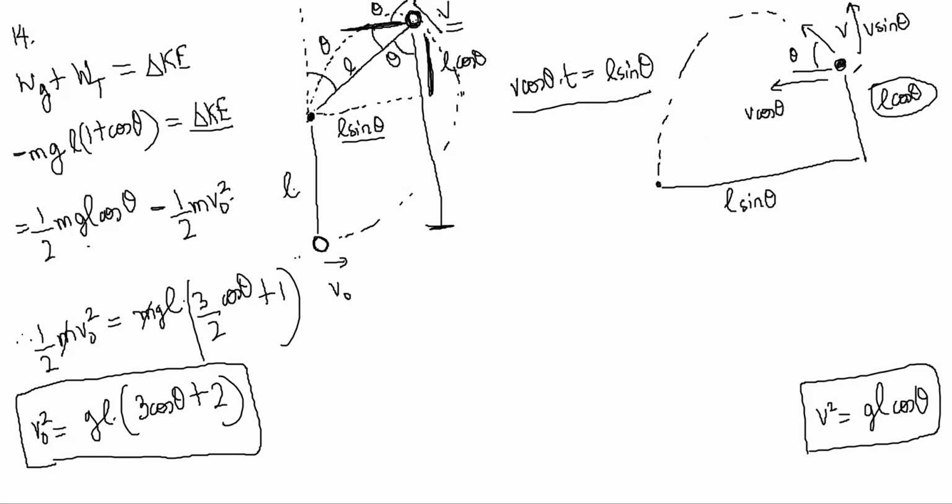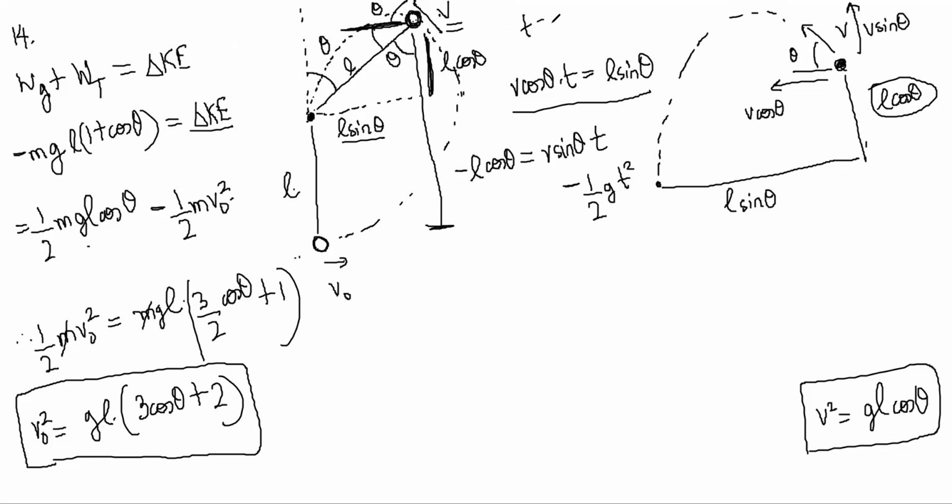And vertical displacement is minus L cos theta from this point; vertical displacement is down. So minus L cos theta, s is equal to ut, so v sine theta t minus half g t square. Instead of t, I will put L by v tan theta.